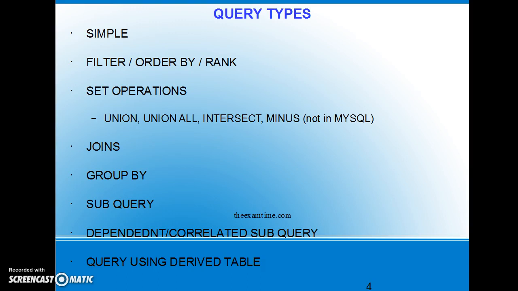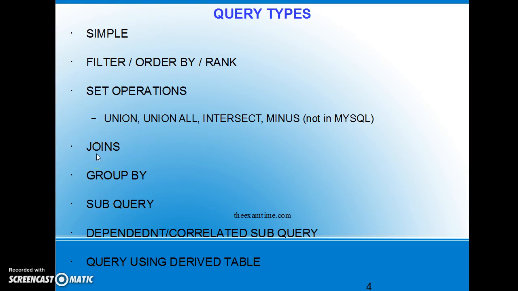And you want to combine the results from the two select statements: select employee name from the EMP_US table, union or intersect, select employee name from the EMP_India table. Intersect looks for the common records, union all allows duplicates, union distinct will not allow any duplicates. Minus is not supported in MySQL.